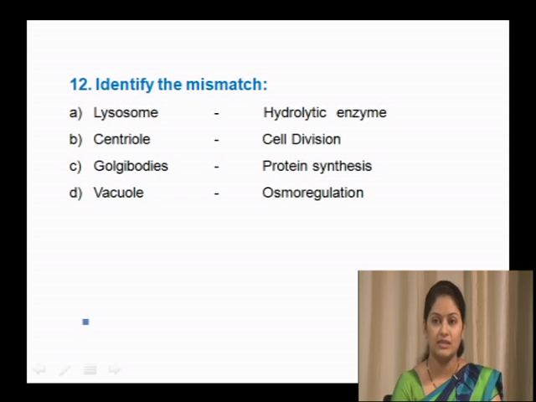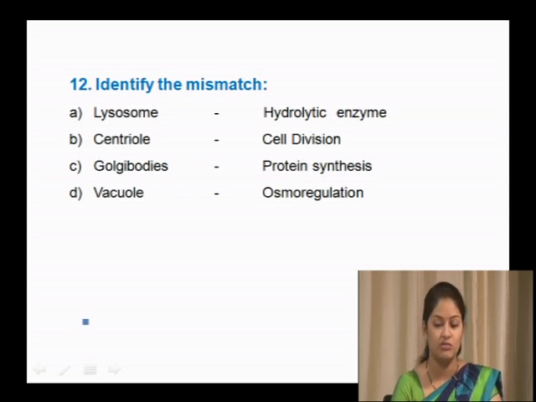Protein synthesis is directly associated with ribosomes or the rough endoplasmic reticulum which on its surface has the ribosomes. Golgi body has nothing to do with this particular function. Its main function is secretion, slightly transportation, detoxification as well as packing of biomolecules.